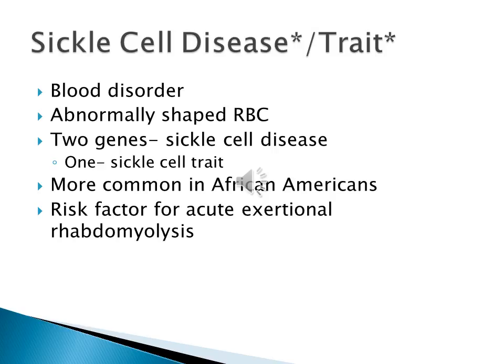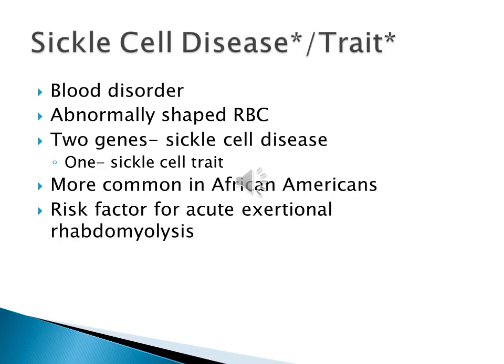It's a congenital disorder and a recessive trait, meaning an individual would have to get the sickle cell gene from each parent. If they only have one, they can have what's called sickle cell trait. In sickle cell trait, the person doesn't have sickling going on all the time. It will only happen in situations such as extreme exertion or dehydration, whereas the person who has full-blown sickle cell disease has sickling going on all the time.